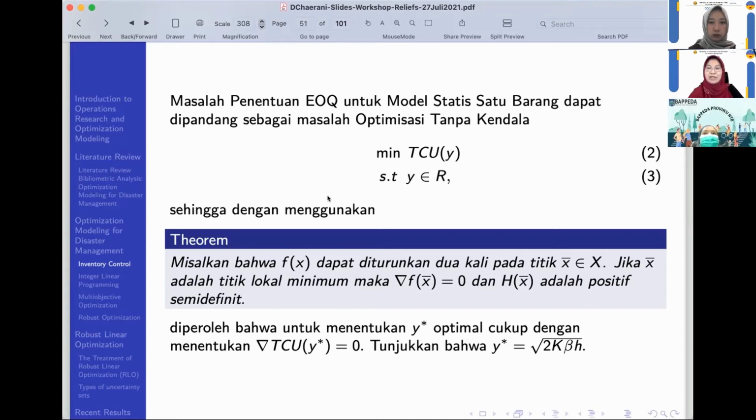Makanya kita mencoba mengumpulkan dan mengklasifikasi teori apa yang diperlukan, karena kita juga harus mengkarakterisasi disasternya apa. Nanti kita lihat bagaimana peran pemodelan optimisasi, khususnya robust optimisasi, dalam menangani masalah disaster yang penuh ketidaktentuan.